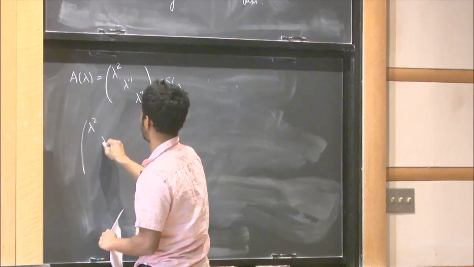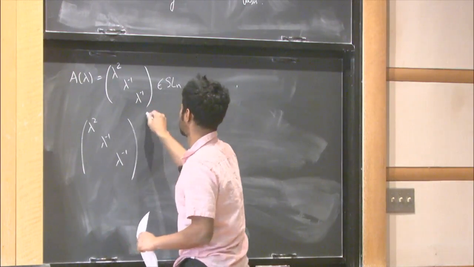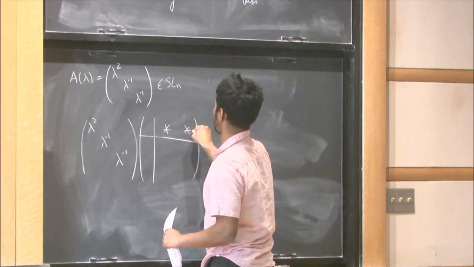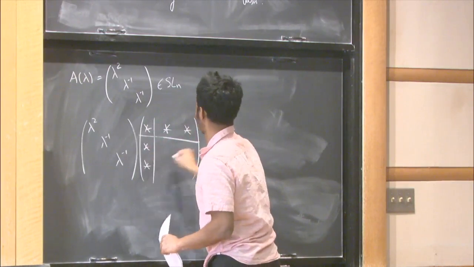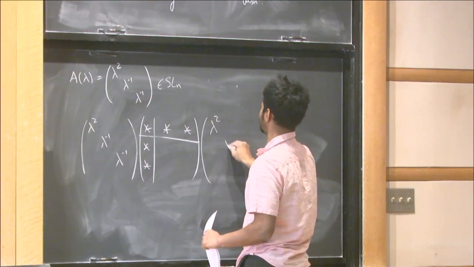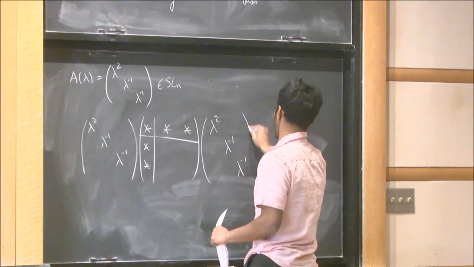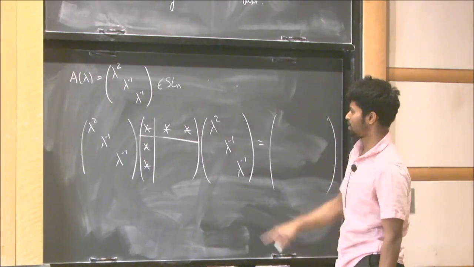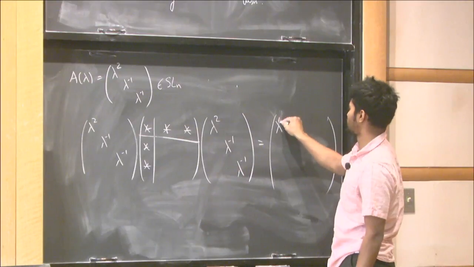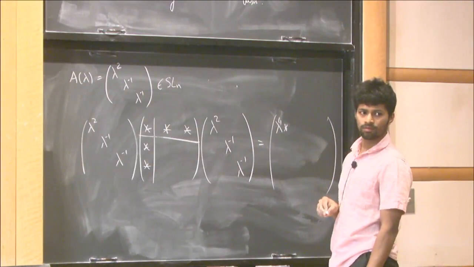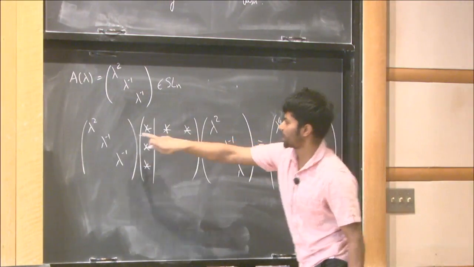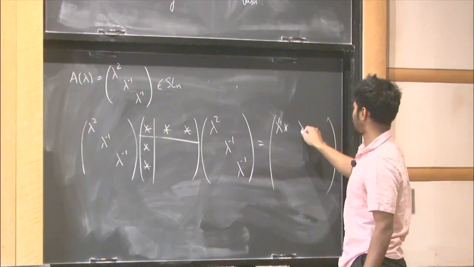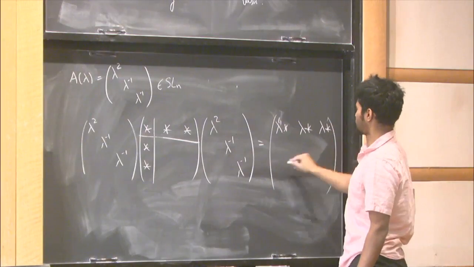So if I multiply this with something that looks like this, and then also multiply on the right side by the same one, what I'm going to end up with is the first thing in there gets multiplied by lambda to the 4. This one gets multiplied by lambda squared and a lambda inverse. So that's a lambda star. And the same thing is going to happen here.